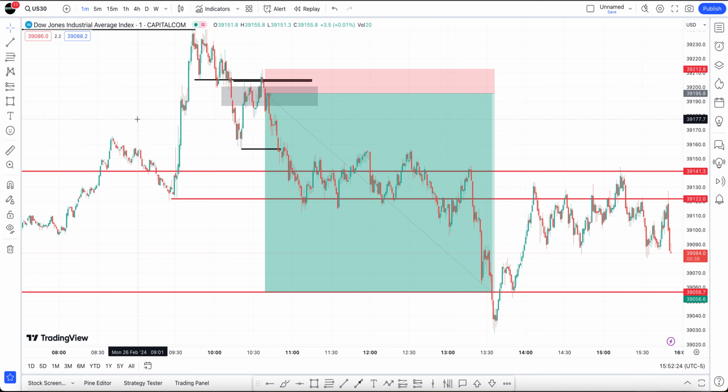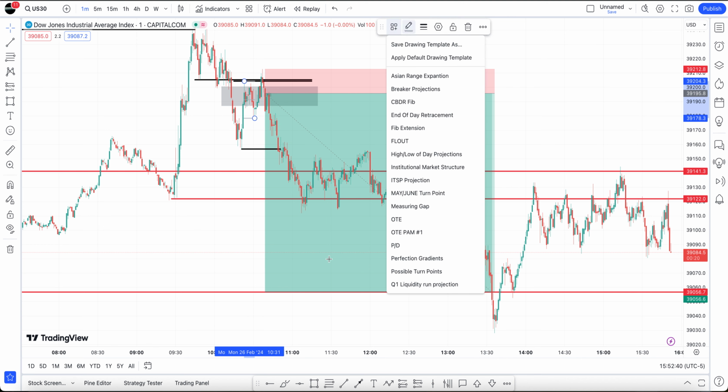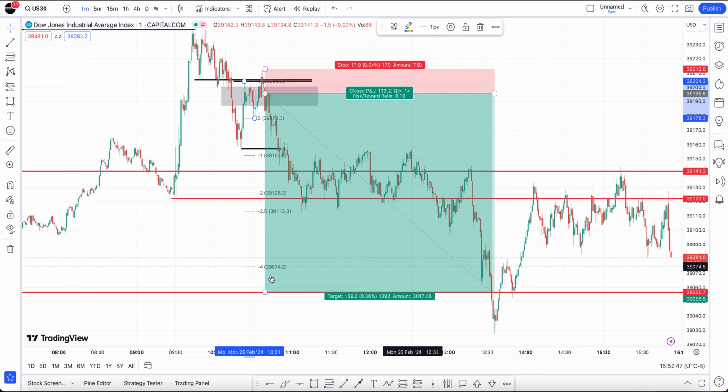Yeah. Also, another thing, if you take this high, I haven't done it before, to this low, you put a projection on it, I'm sure something magical will happen and it will somehow end up here or close to that.